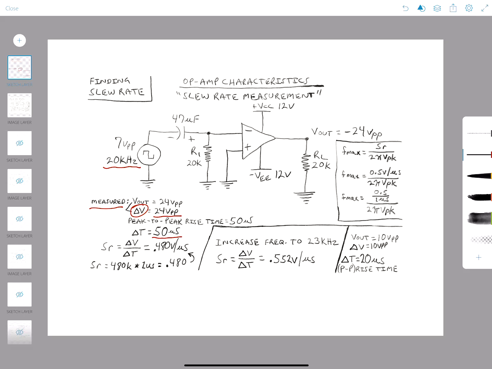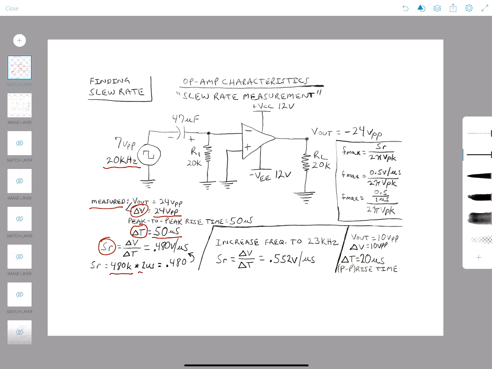Okay, now that we have our change in time of 50 microseconds and our change in voltage, we can apply that to our formula for slew rate. Slew rate is going to come up to 480K.